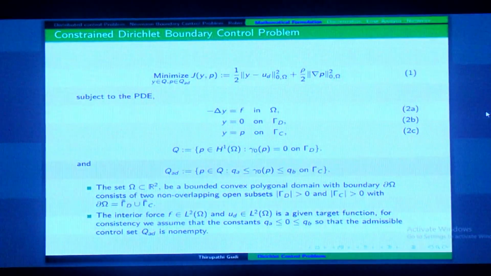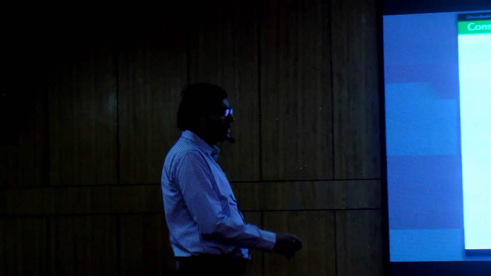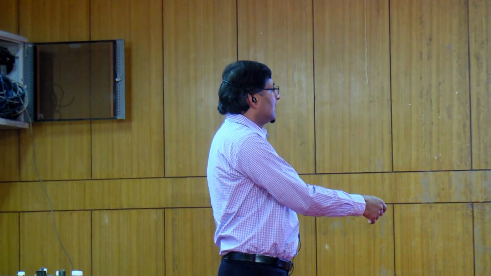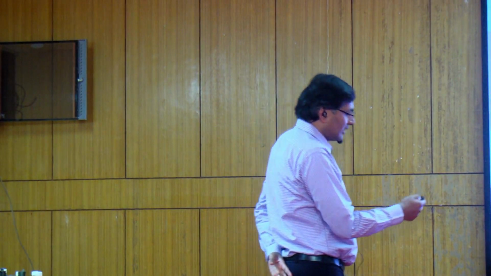So what we proposed is that instead of looking for the control in a space that is defined on the boundary, you look for a control which is defined on omega, but you use it in the system only on the boundary. So we want p, a smooth function defined on omega, and you minimize that cost subject to this PDE. In the optimal control community, what they want is that if you pay a lot, you can get the work done, but you also want to minimize the cost.